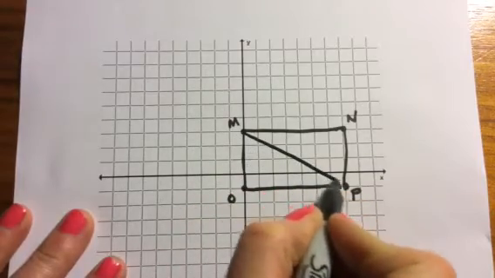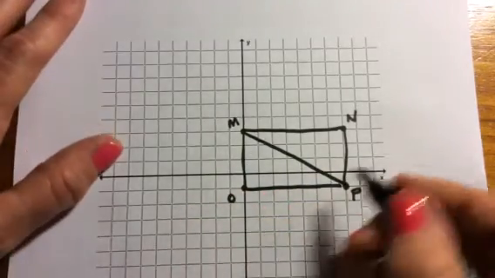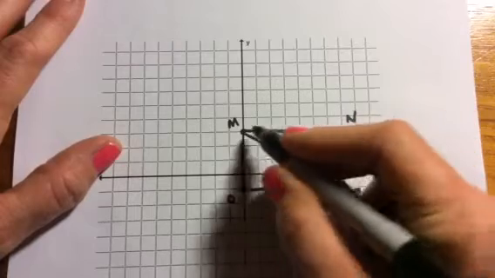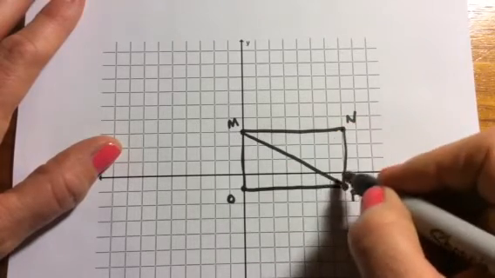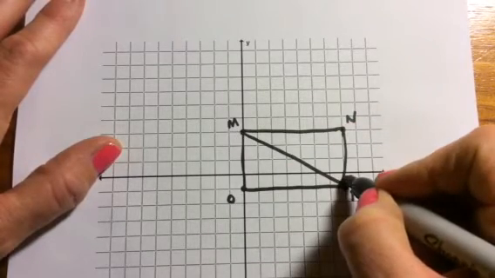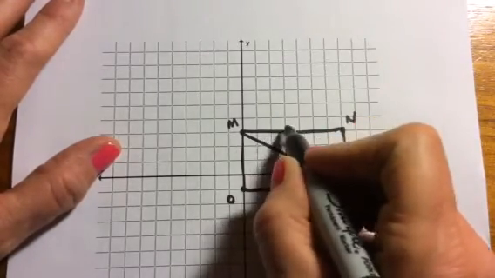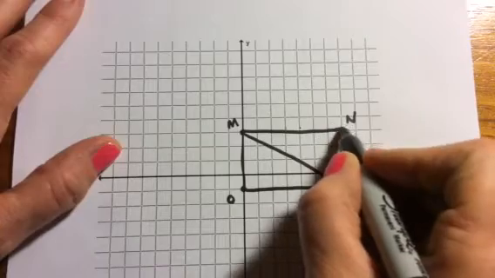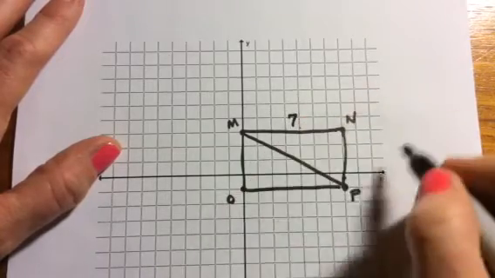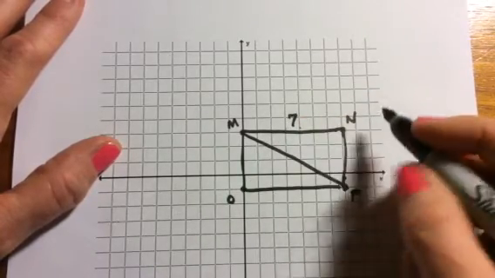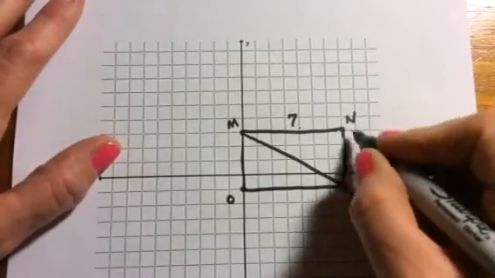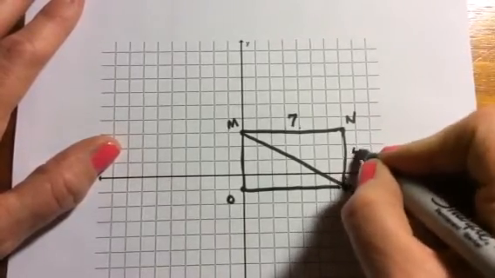I'm going to do the MP. And again, we're looking at the length of one of the legs, and actually the two legs. And I'm going to go ahead and use these over here. So we've got 1, 2, 3, 4, 5, 6, 7 is the length of one side, MN, and the length of the other, PN, is 1, 2, 3, 4.